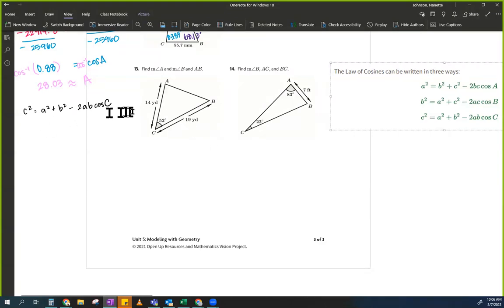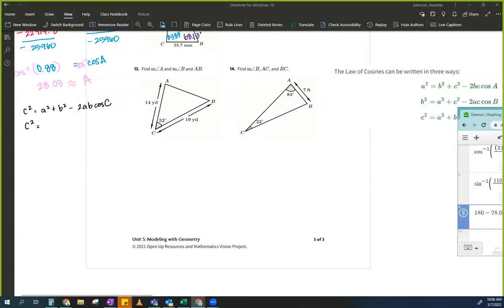Okay, so then all I'm going to do is plug in everybody. So C squared is A squared, 19 squared, plus B squared, 14 squared, minus 2 times 19 times 14 cosine of C, which is 52 degrees. So this thing is straight plug-inable, right?